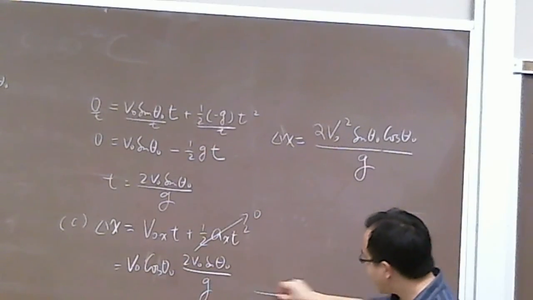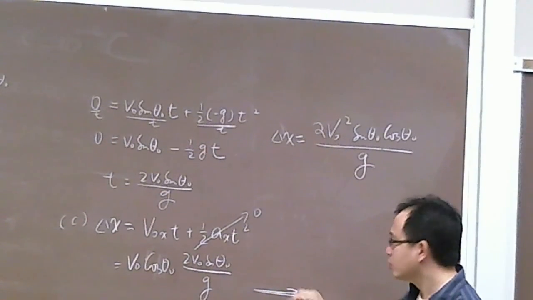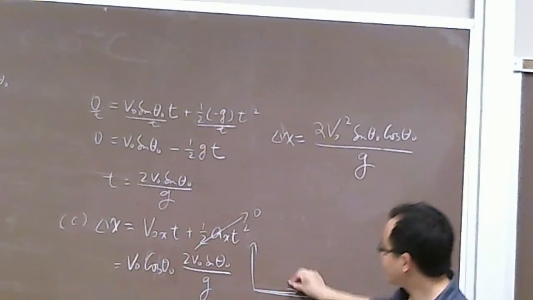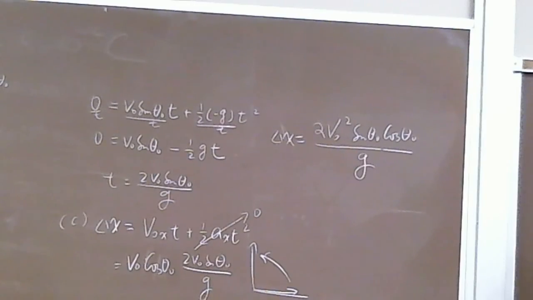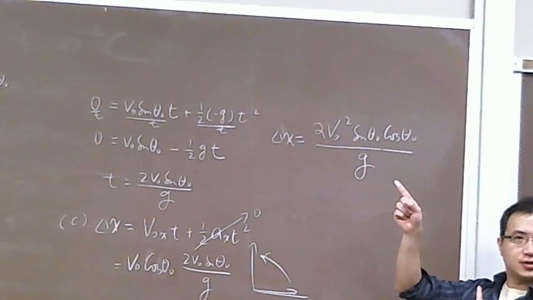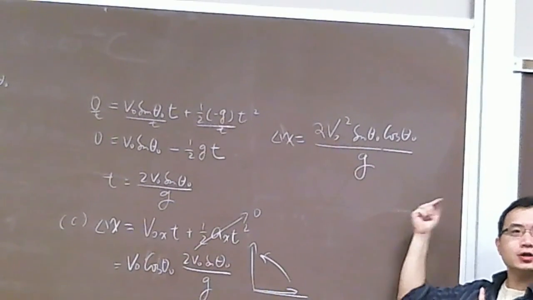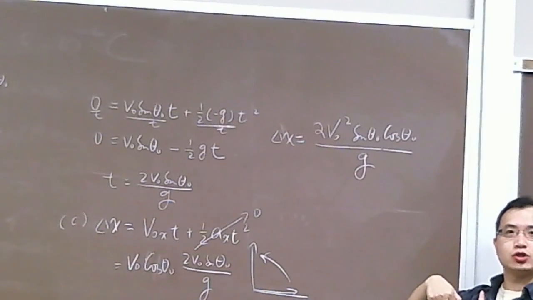When you change your angle from 0 to 90 degrees, you increase the angle. When you increase the initial angle theta naught, sine theta will increase, and cosine theta will decrease, right?